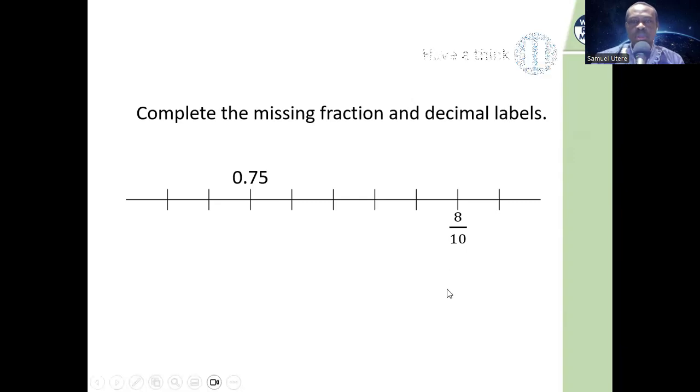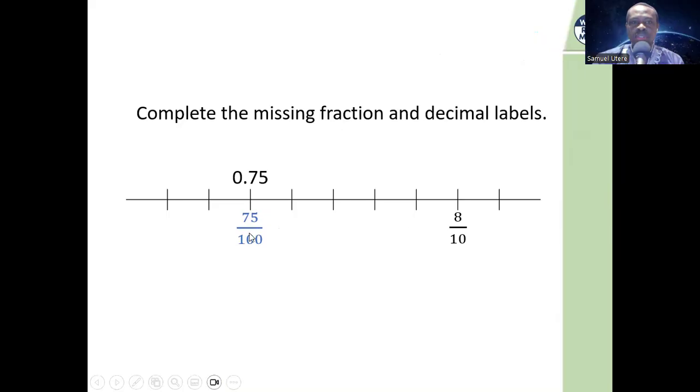Well, it will be helpful to write the equivalent values both in decimal and in fraction form of these numbers we see here. So the equivalent value of 0.75 is 75 hundredths.